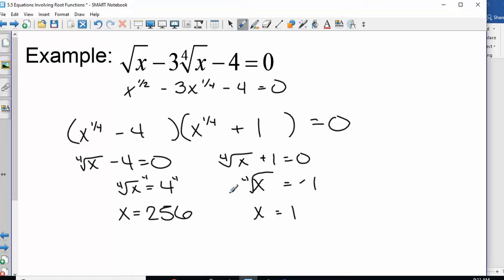And that equals 0. If you put in a 1, does the 1 work? No, it does not. So 256 is our answer.